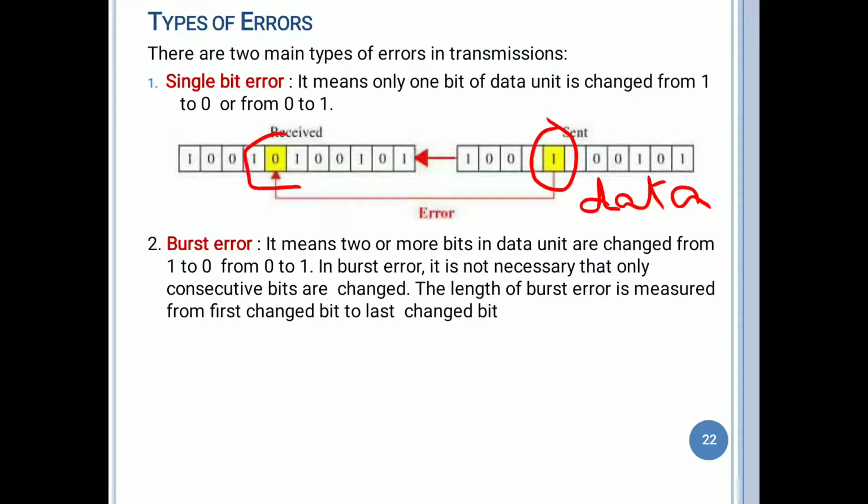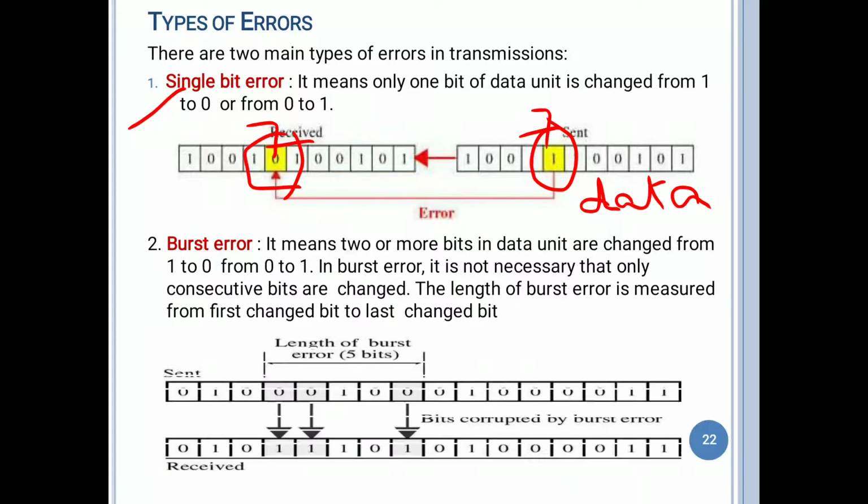This is the receiver side's data, meaning the sender sends some data and the receiver receives different data. If you observe, at the 7th bit position the data 1 is changed to 0. So only one bit is changed in the complete original data. That's why the error is called a single bit error.